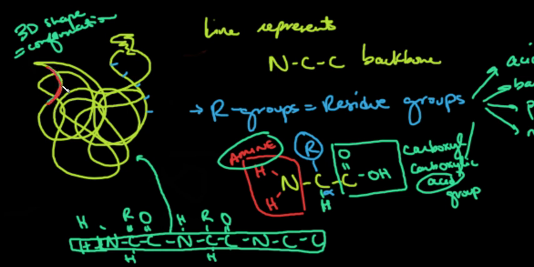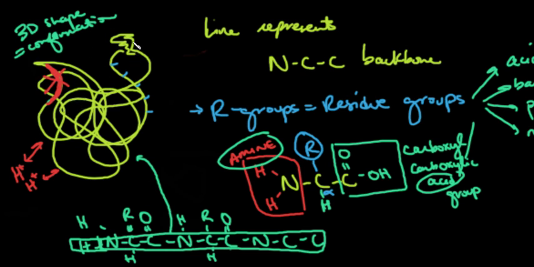Maybe it's this area right here that is going to bind with some other molecule. Well, if you have a bunch of hydrogens in the environment that are pulling on some of these R groups, that might have a negative charge, it's going to change the shape of the whole protein, and maybe this part's not going to work anymore, right?